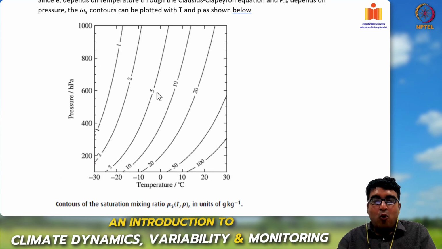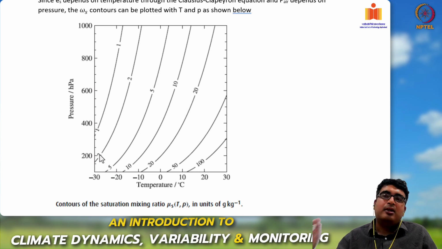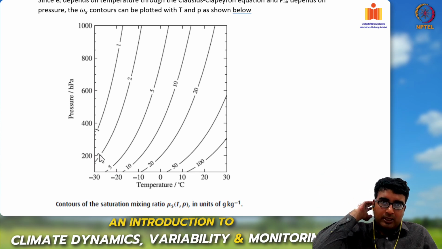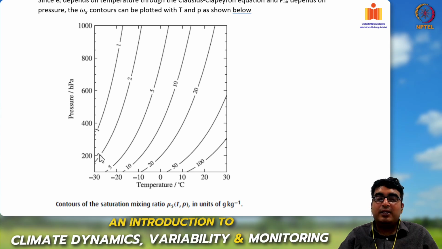Okay, so these are the omega S contours at different pressures. Okay, so this is 1000 hectopascals, this is the sea level pressure, and this is 200 hectopascals. So high up in altitude. Okay, so 0.2 times the atmospheric pressure. Okay, and this is the temperature values of air parcel at these pressures from minus 30 degrees centigrade to plus 30 degrees centigrade.